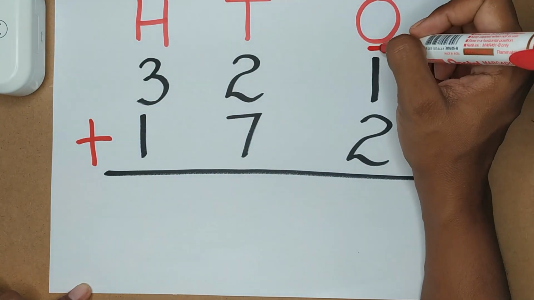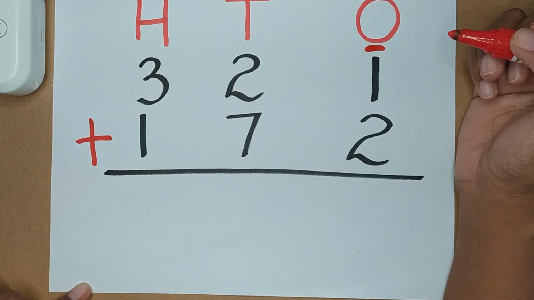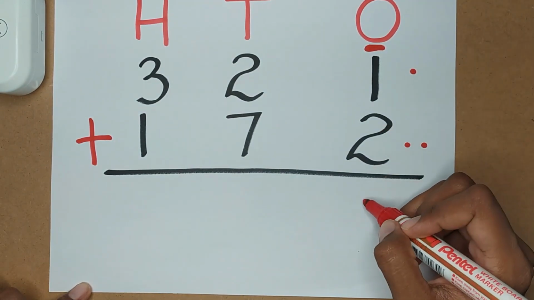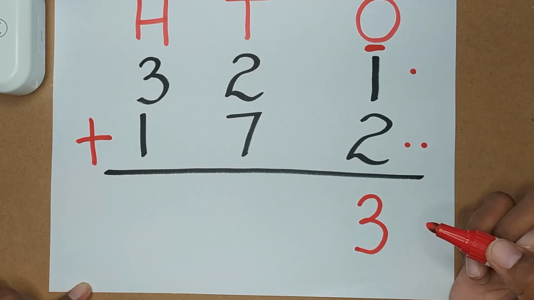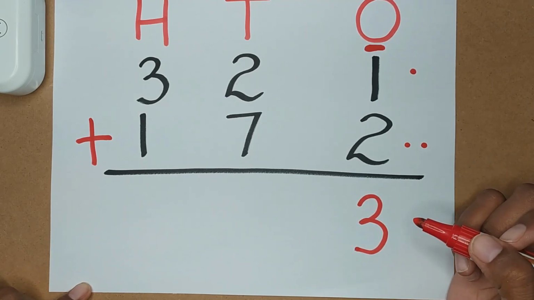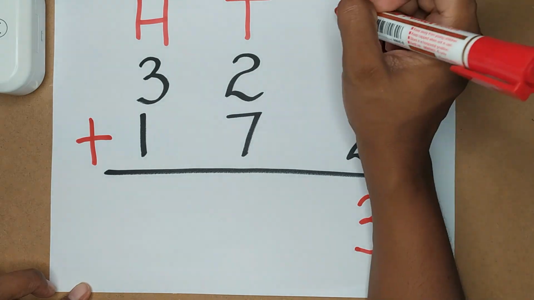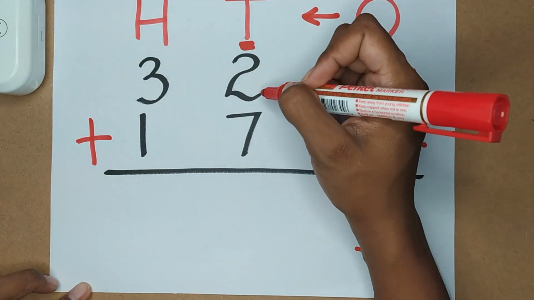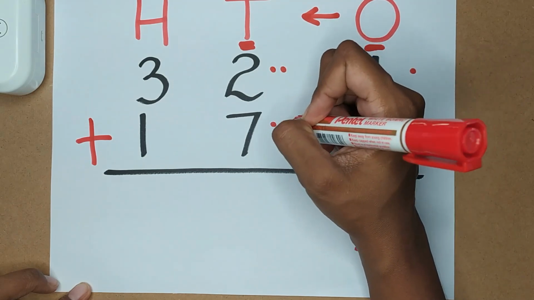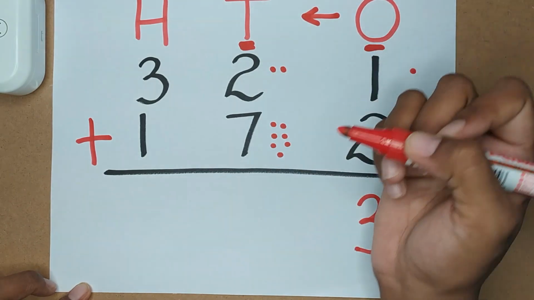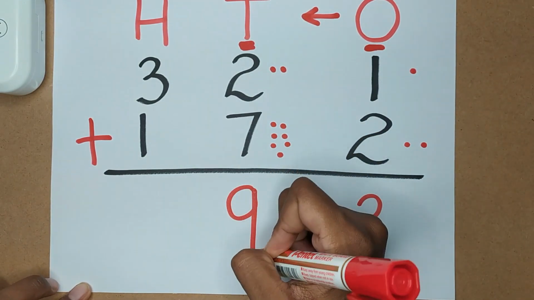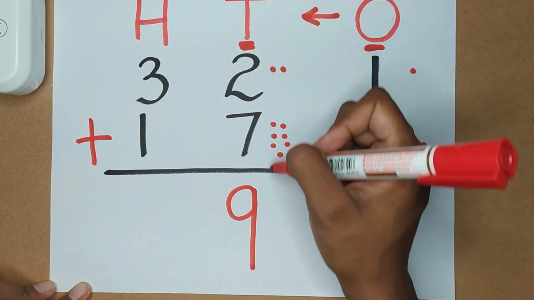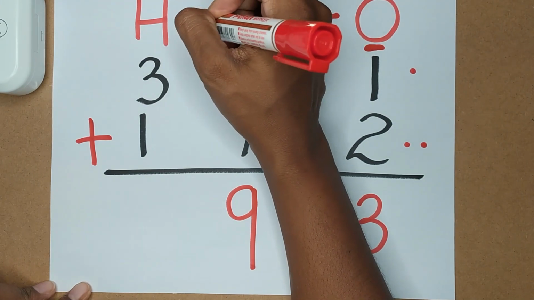We go to our next column, our tens column. 2 add 7 or 7 add 2. Either way, we get 9. Next, we move to the left again to our hundreds column, where we have 3 add 1. 3 add 1 gives us 4. So we have 493.